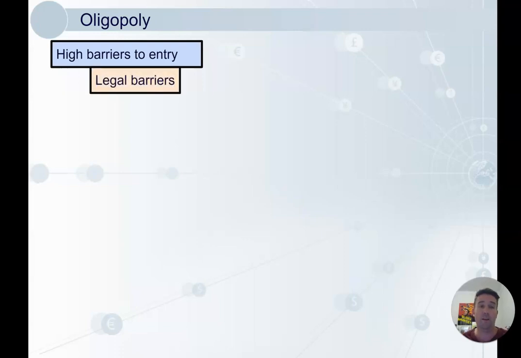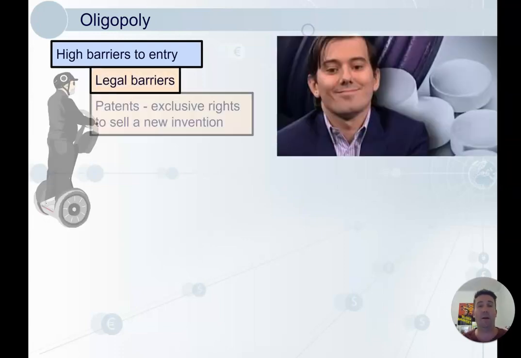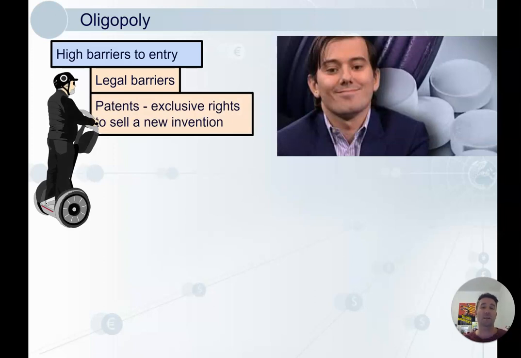Still high barriers to entry. We've got legal barriers. So one of those is that you can get patents for things. They're exclusive rights to sell a new invention. So this one here is about selling pharmaceutical drugs. It was a medicine. So once you invent that, your company is the only one who can sell it for, say, 10 years, whatever the period may be.